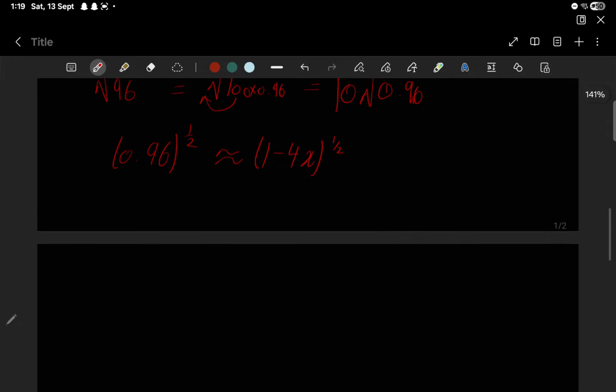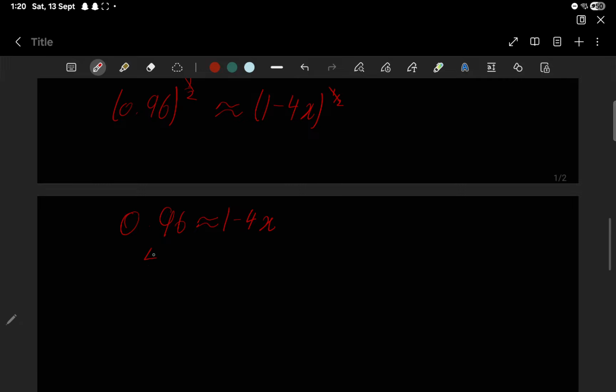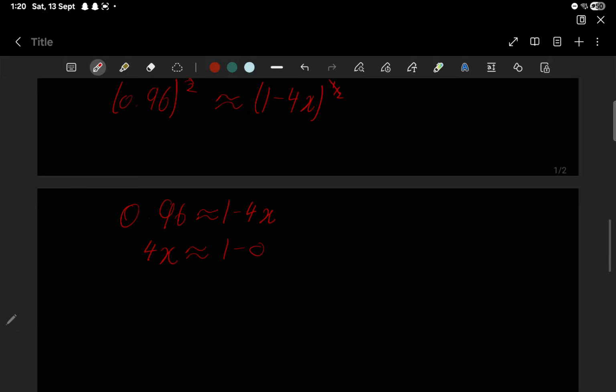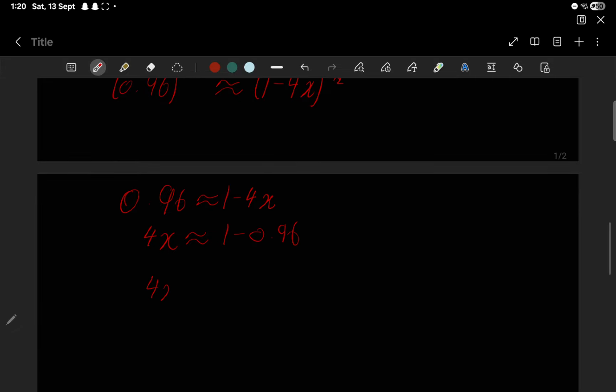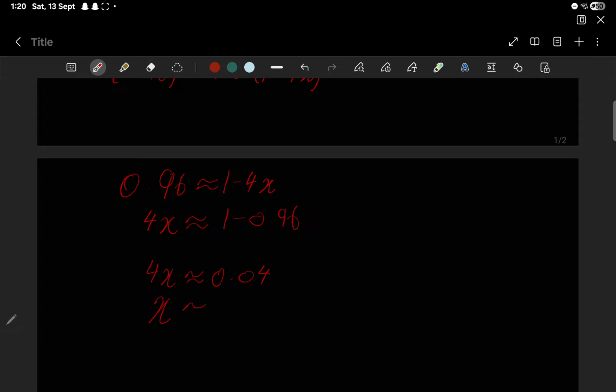Now the 1 over 2 and the 1 over 2 are going to cancel, so 0.96 will be approximately equal to 1 minus 4x, because again, we're finding an approximation. 4x is approximately 1 minus 0.96, which gives 4x approximately equal to 0.04, so x is approximately 0.01, and 0.01 is the exact same thing as 10 to the power of negative 2.